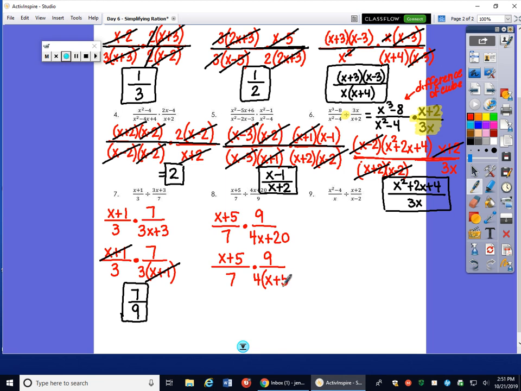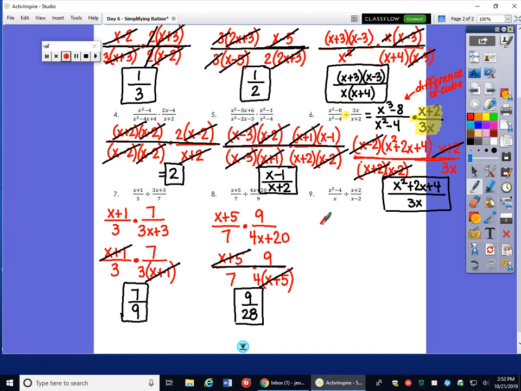Take out the 4 and it's left with x plus 5 inside. So now we can cancel the x plus 5s, and remember, this is all one line, so that's going to be 9 divided by 28. So 7 times 4 is 28. And you can't simplify that anymore, so you're just going to leave it like that.